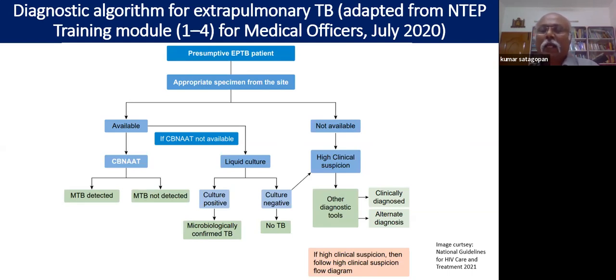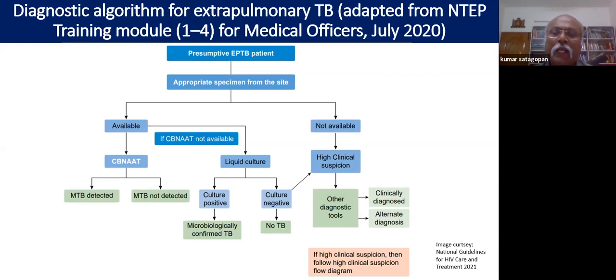Whatever the organ, like bone TB or CNS TB, where you have a high clinical suspicion, other diagnostic tools can be used, like an ultrasound abdomen, or a CT or MRI of the brain or the bones, and get the specialist opinion. So that is a high index of suspicion in extrapulmonary TB, which is organ specific.